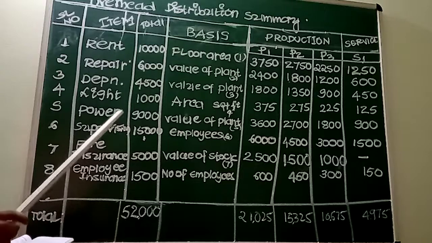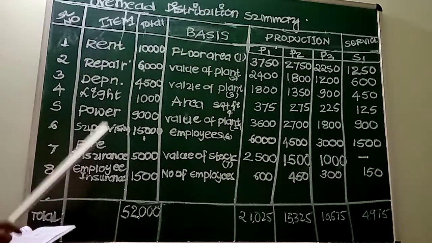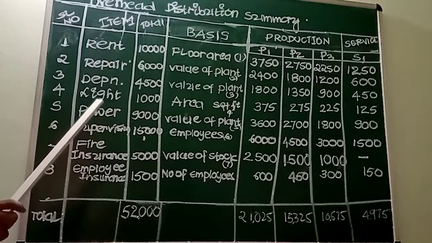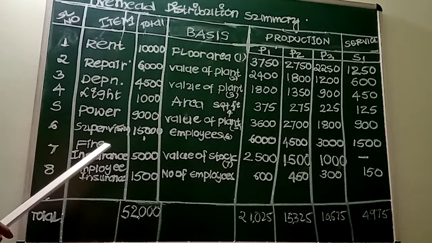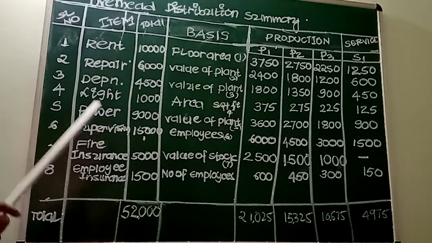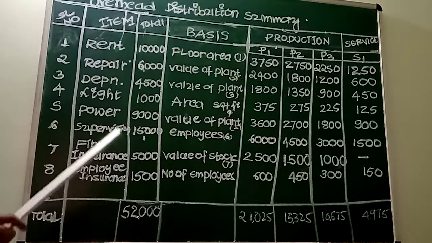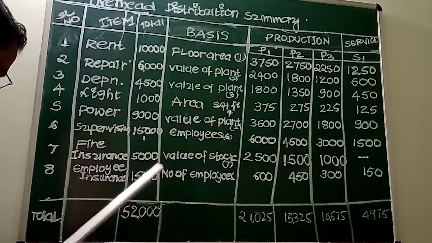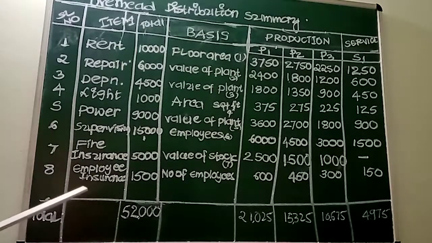See here, the area occupied in square feet, you can look at the additional information. Here the area in square feet is given as 1500, 1100, 900 and 500.